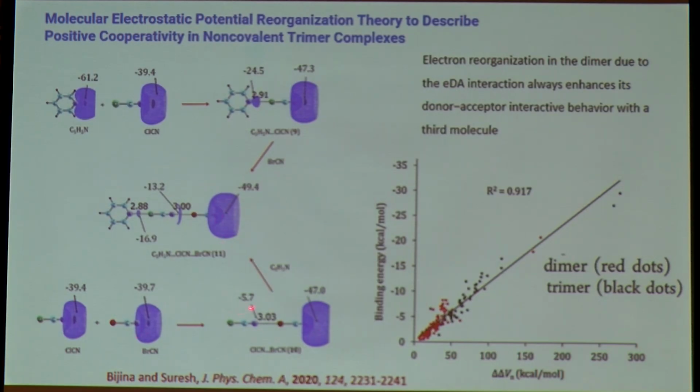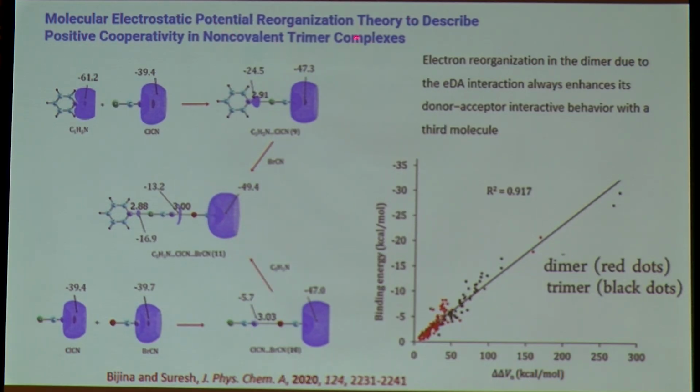You can also think of this dimer interacting with the pyridine, and then this trimer is formed. Because of this interaction, this cyanogen chloride is electron deficient. So there is positive cooperativity, and this bond is stronger.